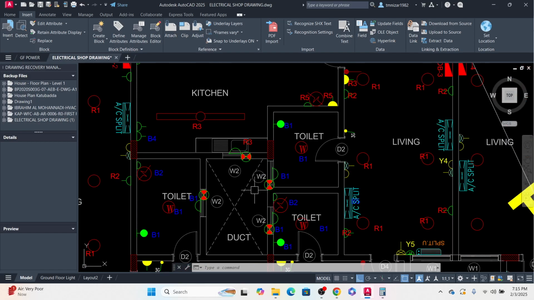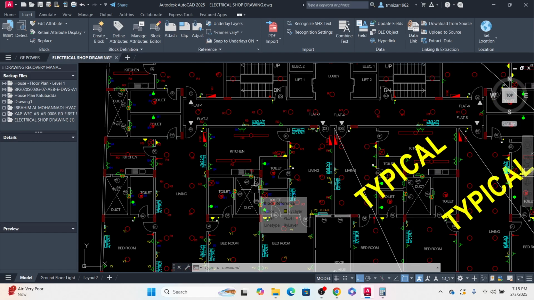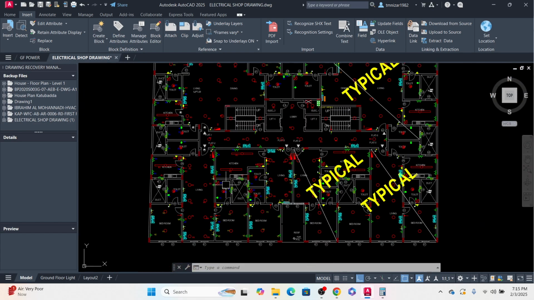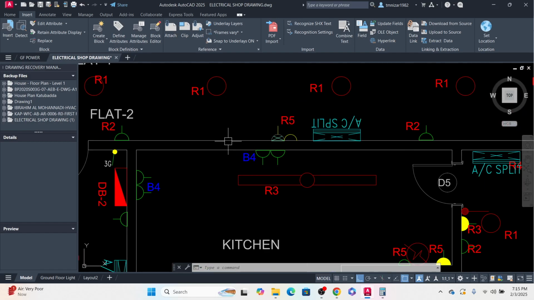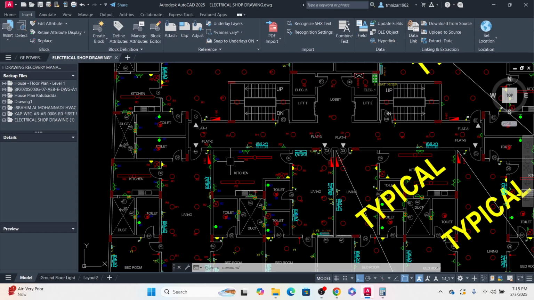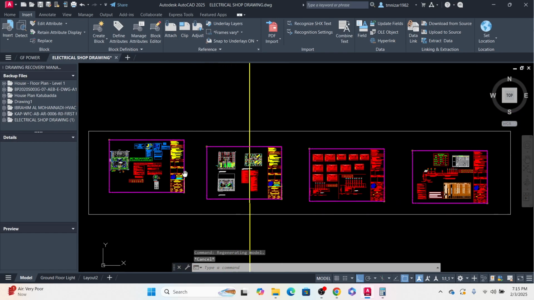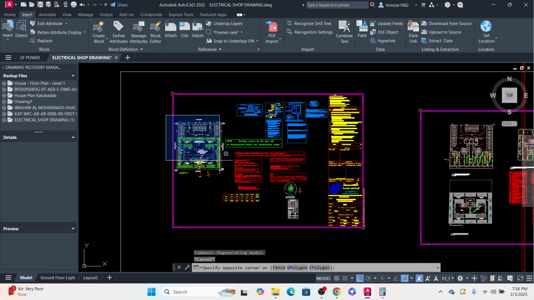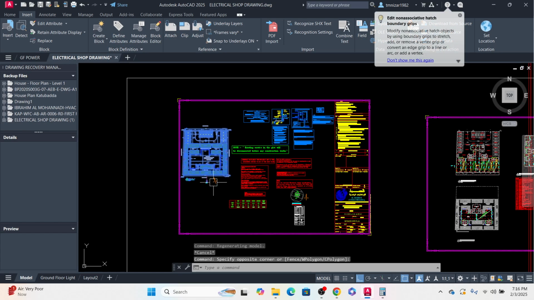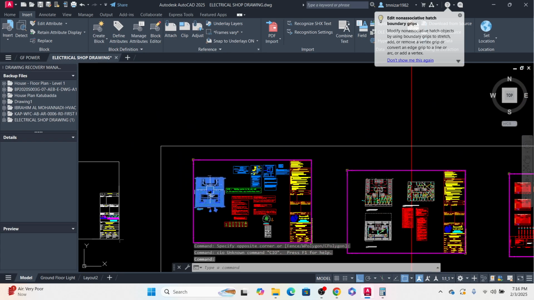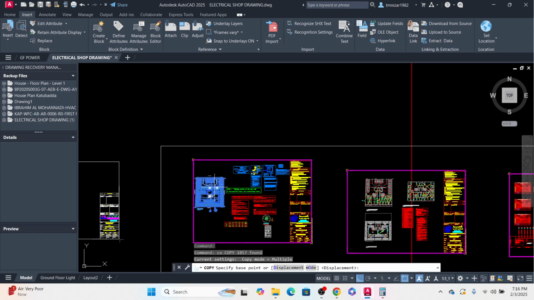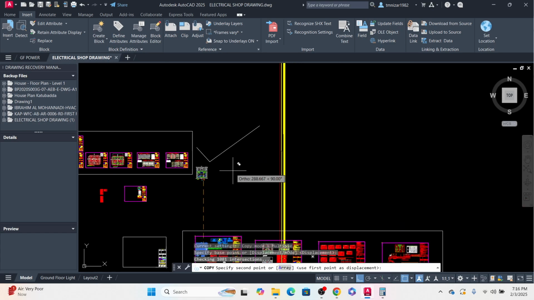Okay. So some people, what they do, they make the drawing fit to scale. So you will get some different kind of dimension. For example, now I copy this one. Copy.